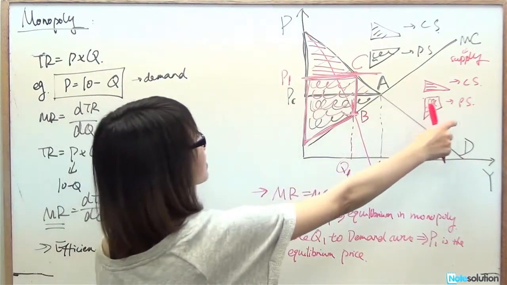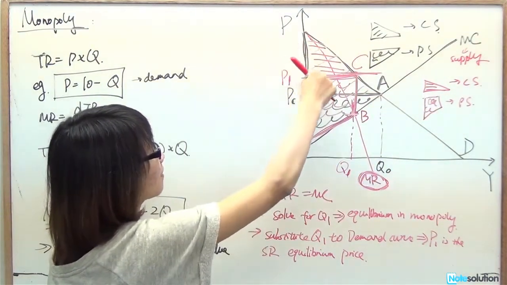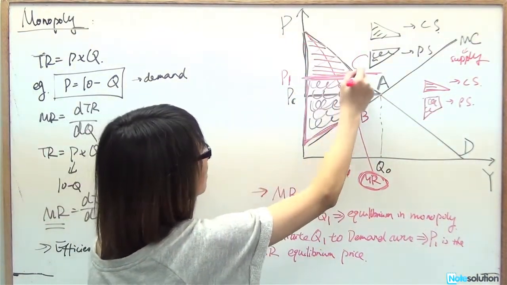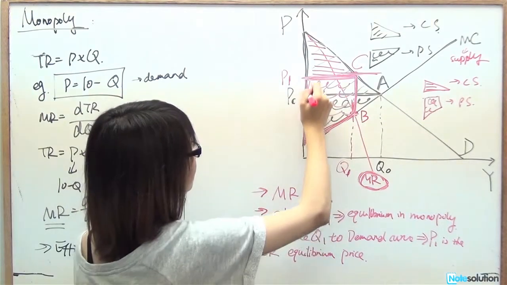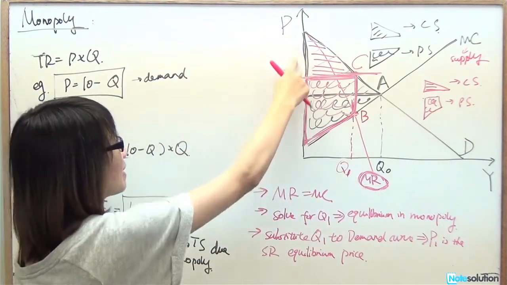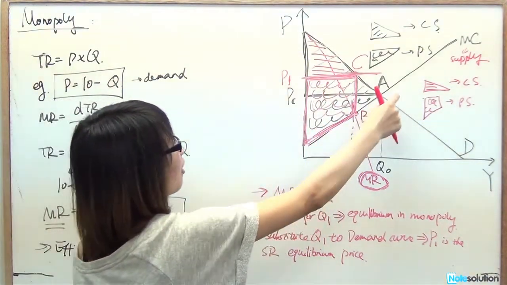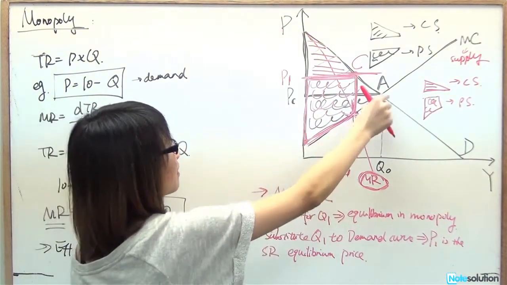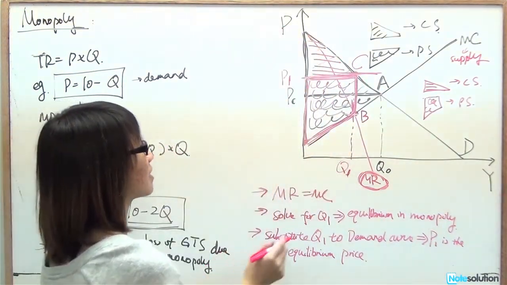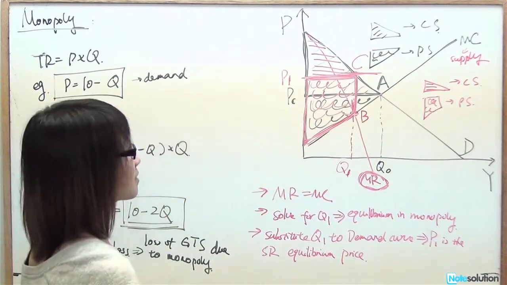So our total gain to society will be the top triangle plus the bottom part. At the beginning, our total gain to society will be the whole big triangle. But when we move to the monopoly market, nobody gets a small part.